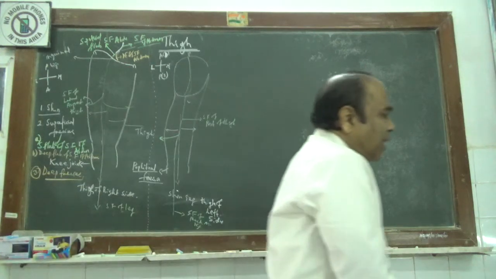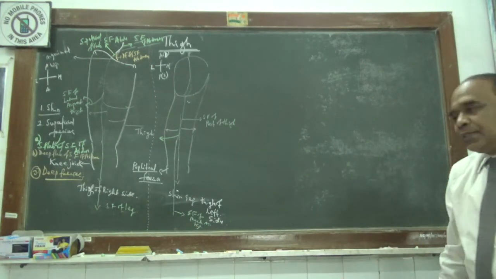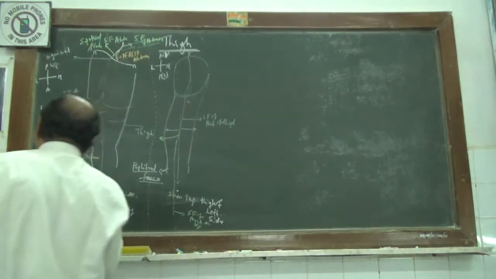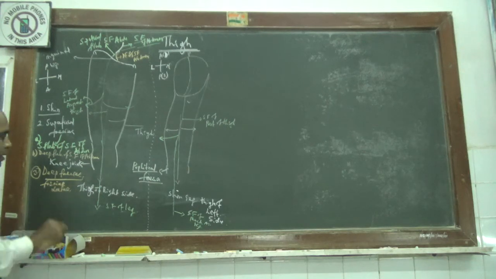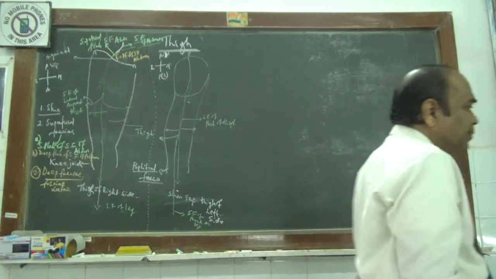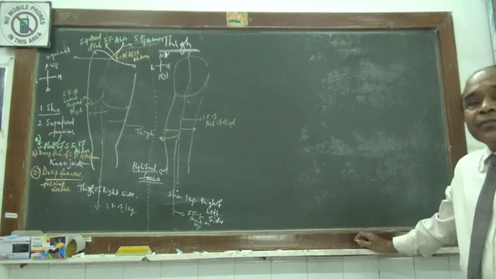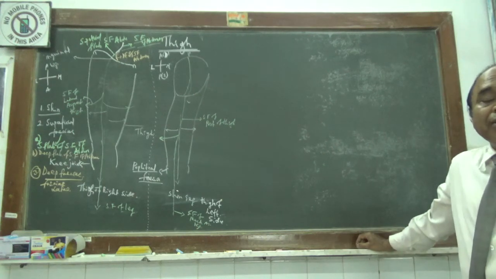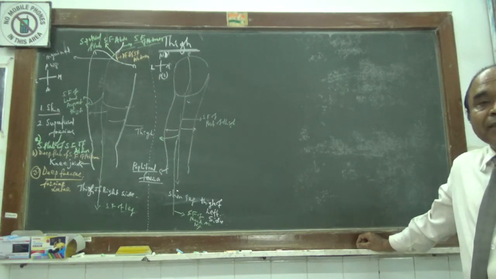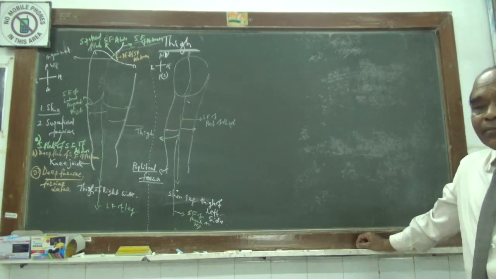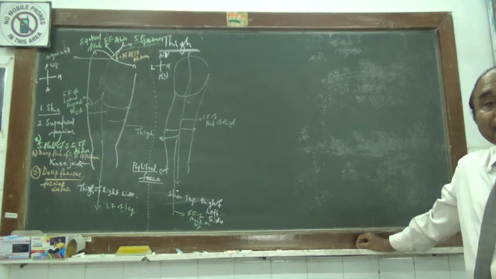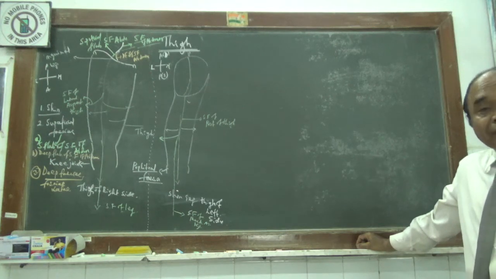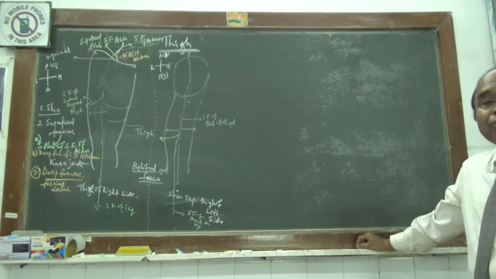The deep fascia of the thigh is also called fascia lata. This fascia lata is said to be the deep fascia of the thigh. Like deep fascia elsewhere in other regions, it is a little bit thicker.